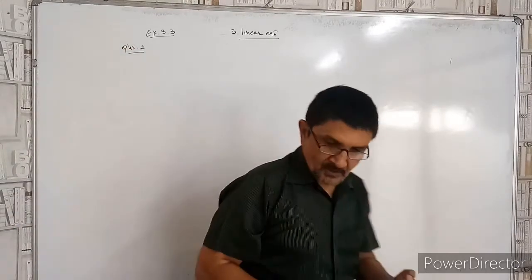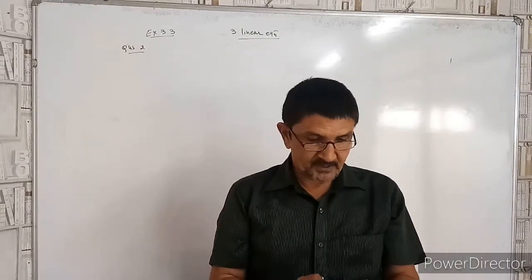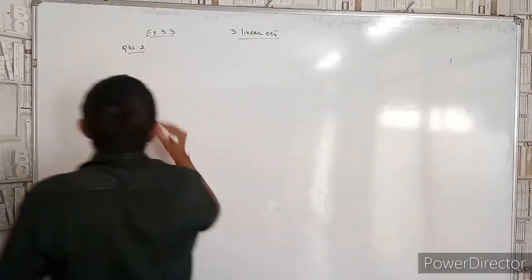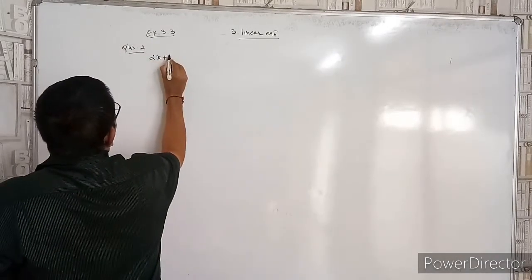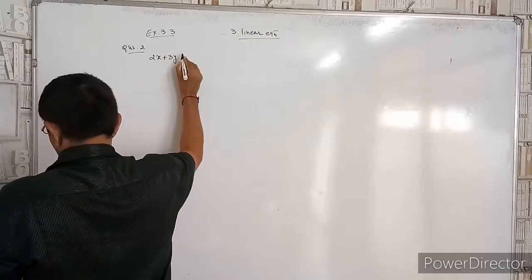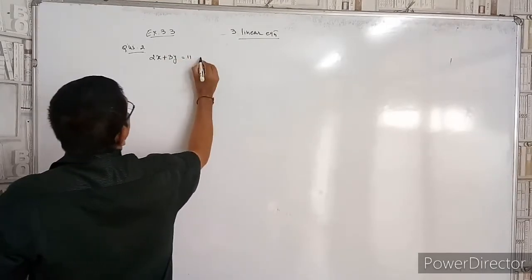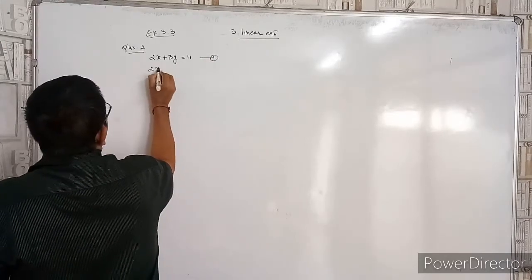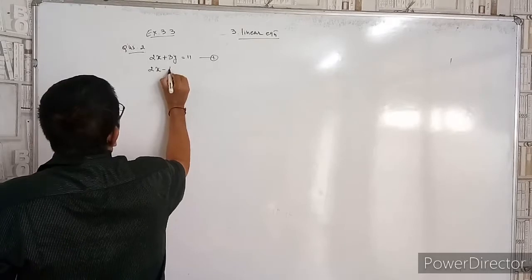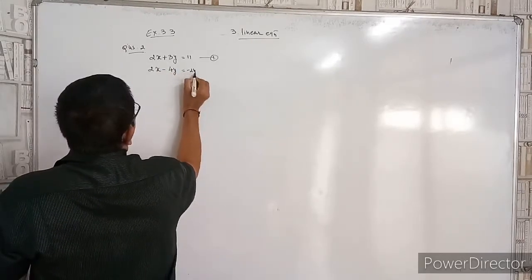In this, the question is: solve 2x plus 3y is equal to 11, and this is the first equation, and the second is 2x minus 4y is equal to minus 24.